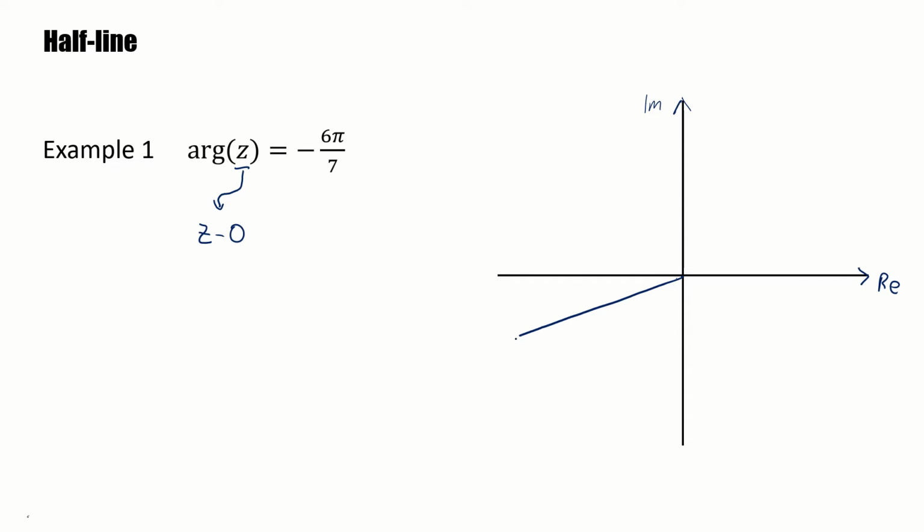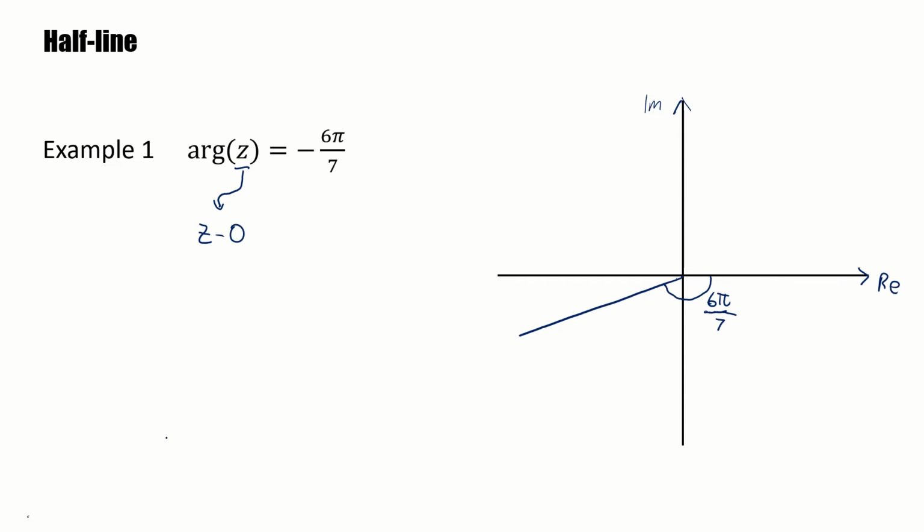And it would just continue on forever. I've made it stop arguably a bit too early there, but key point is you would then mark on that angle there is 6 pi over 7. Don't need to mark on the minus because the fact it's minus is already clear from the fact that it's going clockwise rather than anti-clockwise. Cool. So that's the first one done.